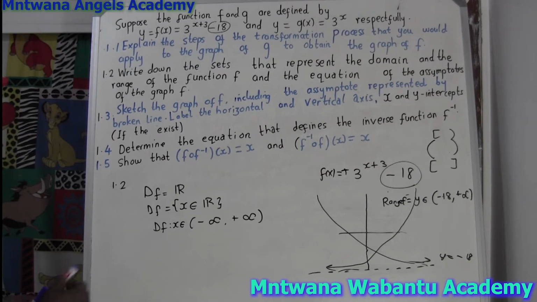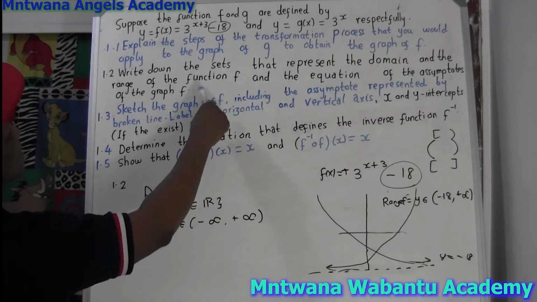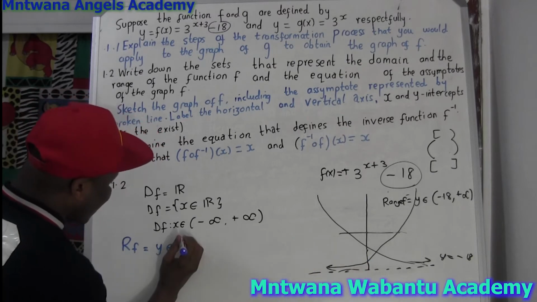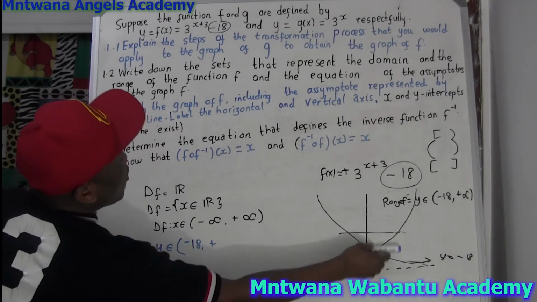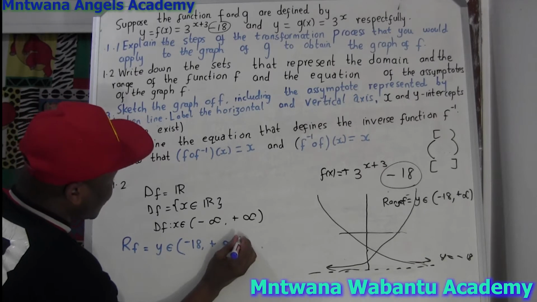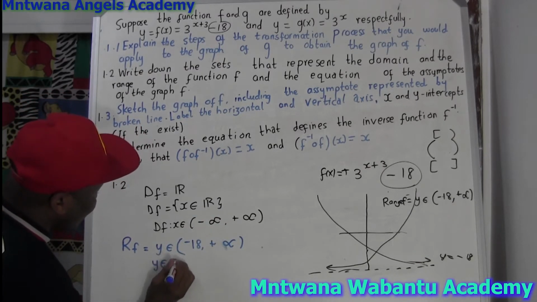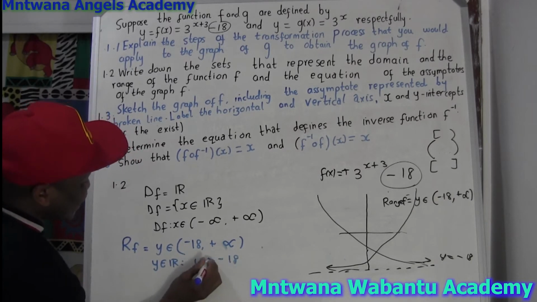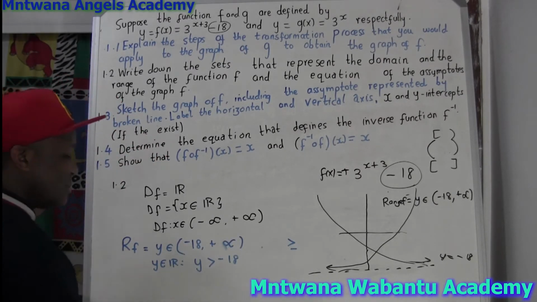Another way you can say it is the range of f: y is an element, starting from negative 18 but excluding, meaning it does not touch negative 18, all the way to positive infinity, because this graph goes all the way up. Or you can write: y is an element of real numbers, whereby y must be greater than negative 18, meaning it does not touch.